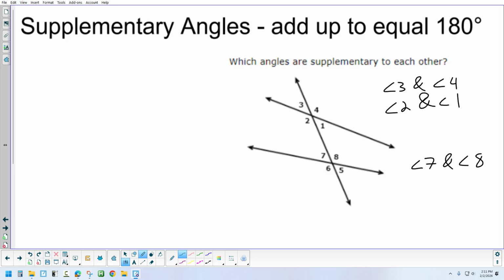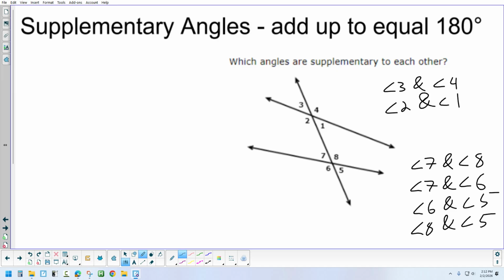Can you give me a pair? Yep, 7 and 6. I would say those are definitely supplementary. What else? I think we have 2 more pairs on each. Yep. 6 and 5. And let's finish off the bottom one. What other 2 angles? Yep, go Smiley. 8 and 5. Yep, 8 and 5.